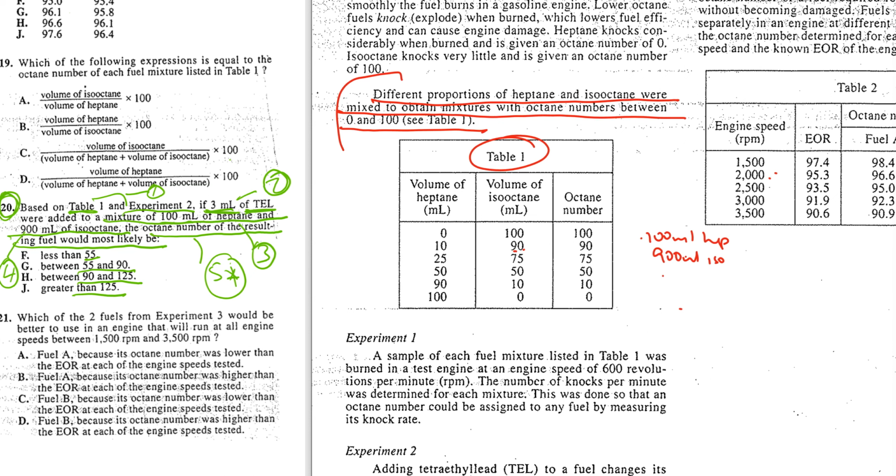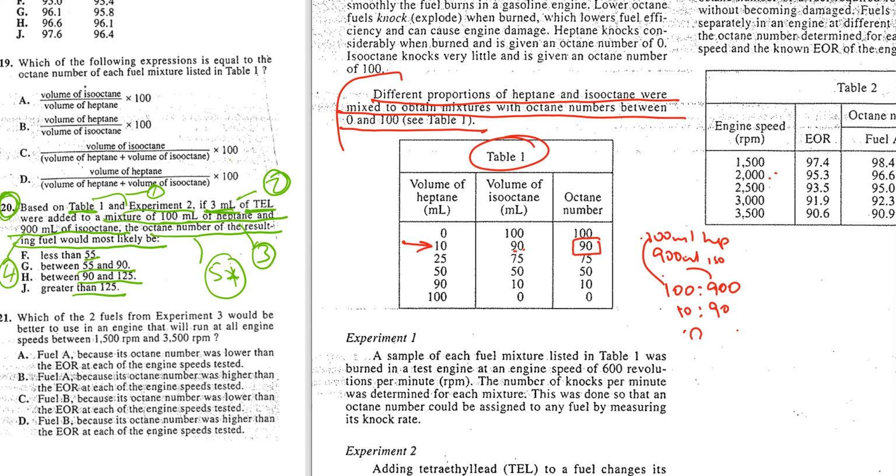So if we've got 100 to 900 here, right? That matches with this value here. This is 10 to 90, which is exactly the same. 100 to 900 is the same as 10 to 90. So that value is 90.